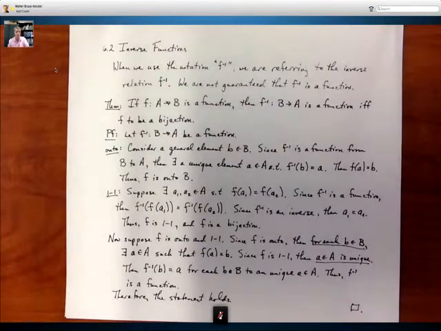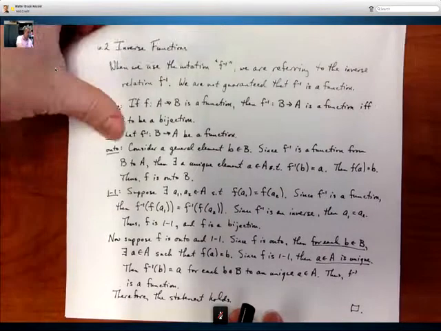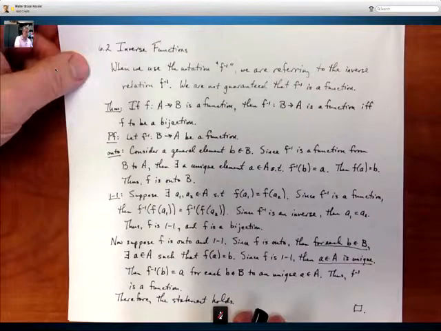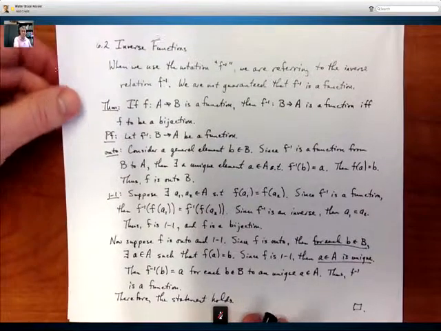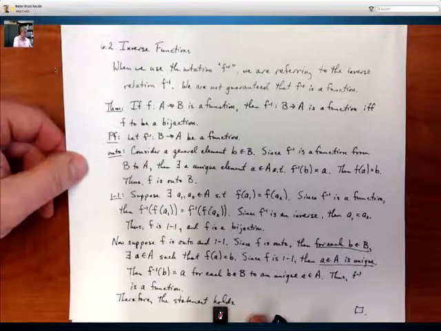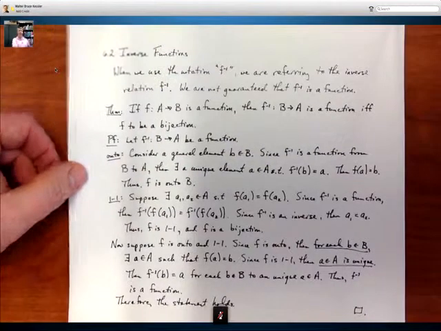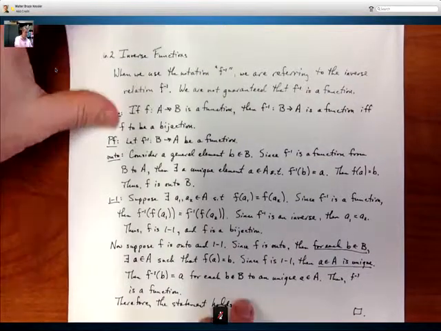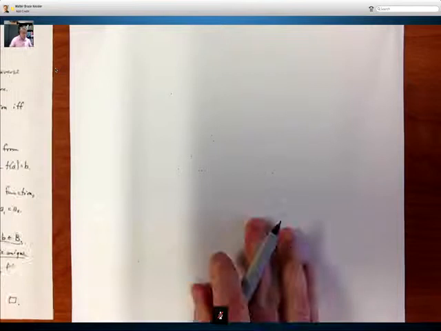Take the time, look that over, and see that we're using a lot of the same strategies we've used before, just with some different concepts, the concepts of onto and one-to-one, and also with function, which I guess is kind of new. But this business of proving a biconditional statement by proving it one way and then the other way, we've done that to death, right?